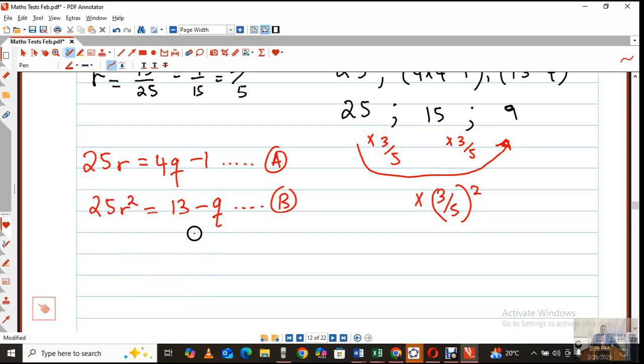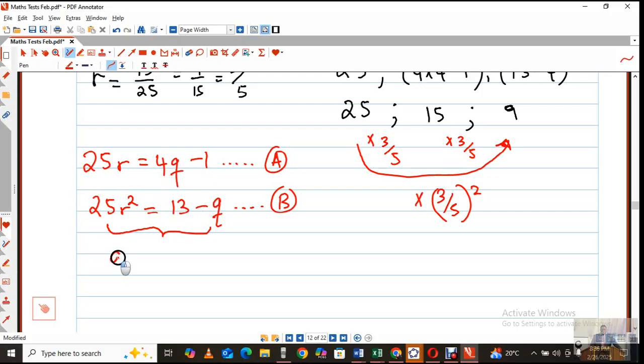I'll come to this equation here, and I'm going to make q the subject of the formula. Even if I was to make the other one the subject of the formula, it's still the same thing. But let's make q the subject here.